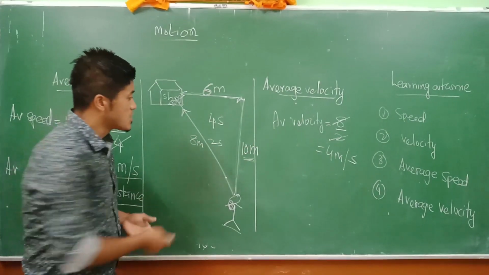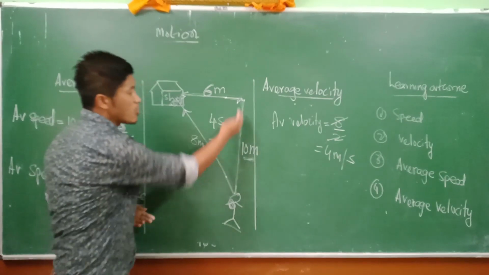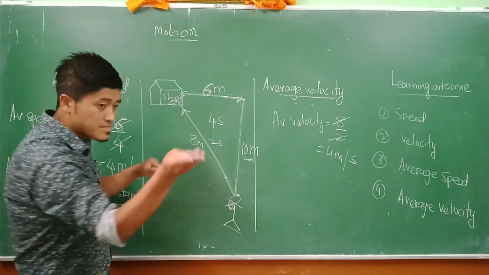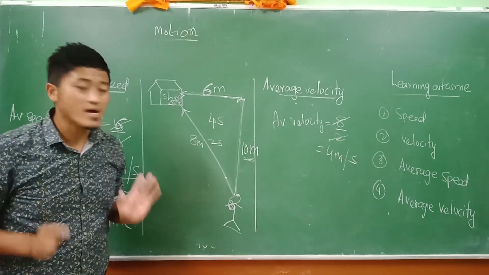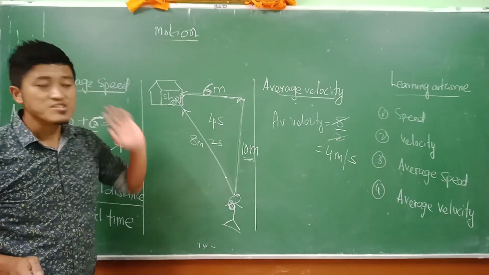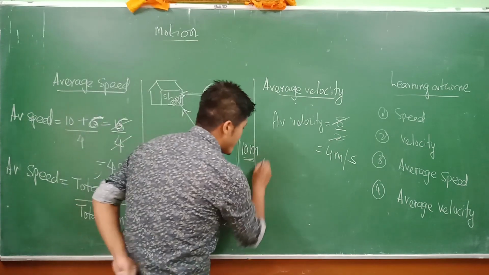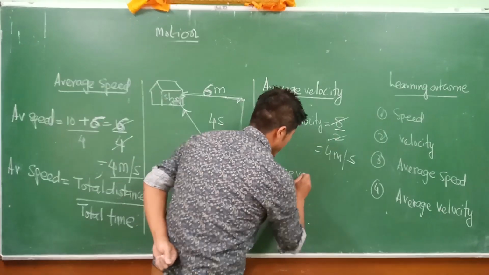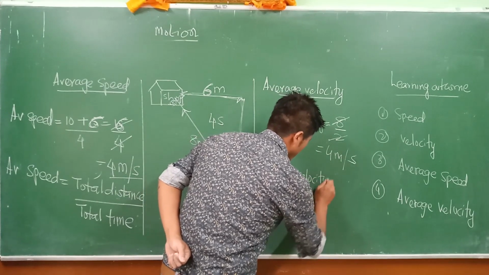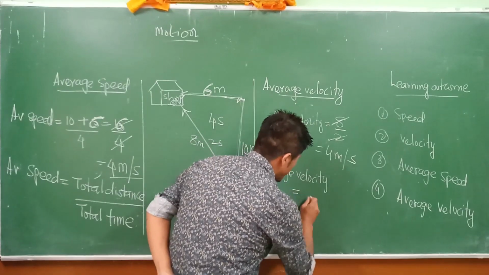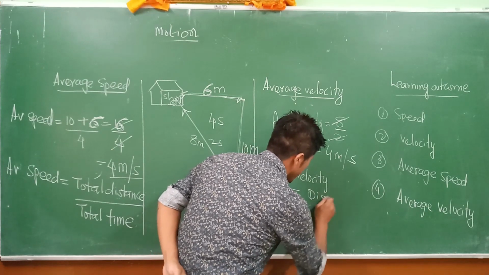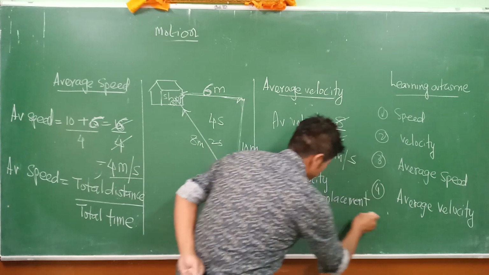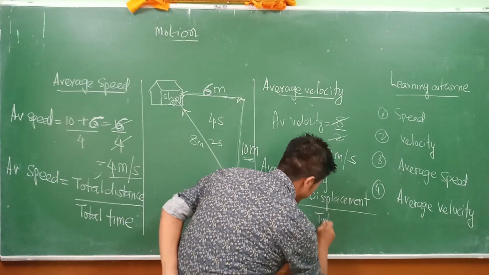Average velocity means we are not concerned about all this distance here, but we are more concerned about this displacement divided by the total time, which is referred to as average velocity. So I will write here: average velocity is the ratio of displacement to the total time.